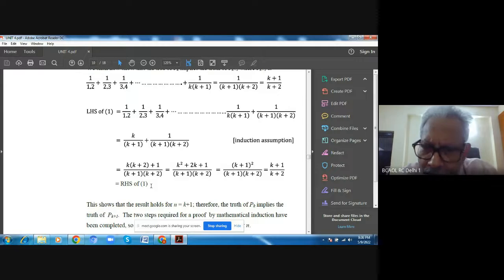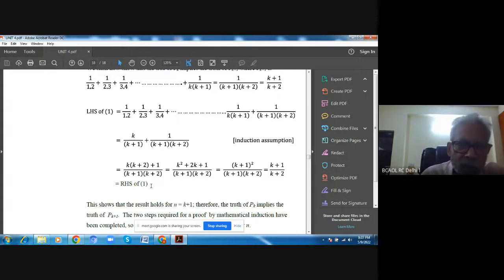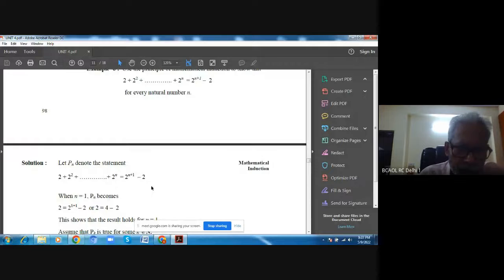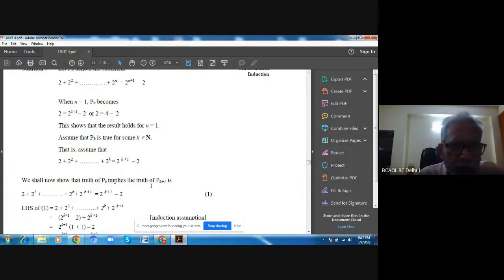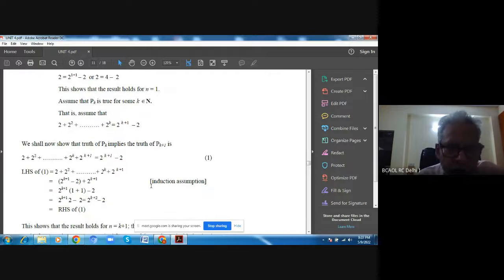So you practice 4-5 types of mathematical induction problems, and no problem. In the exam also you will get this type of examples, and all of this is your syllabus, so no problem. Beyond the syllabus, nothing will come.